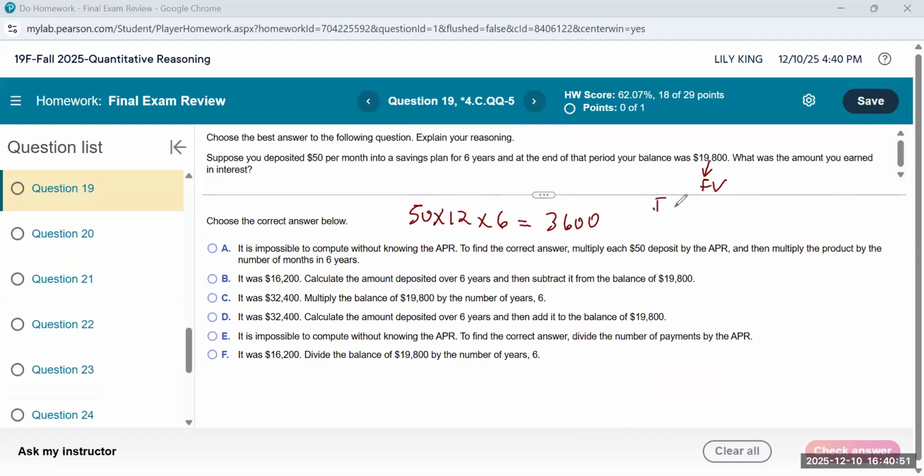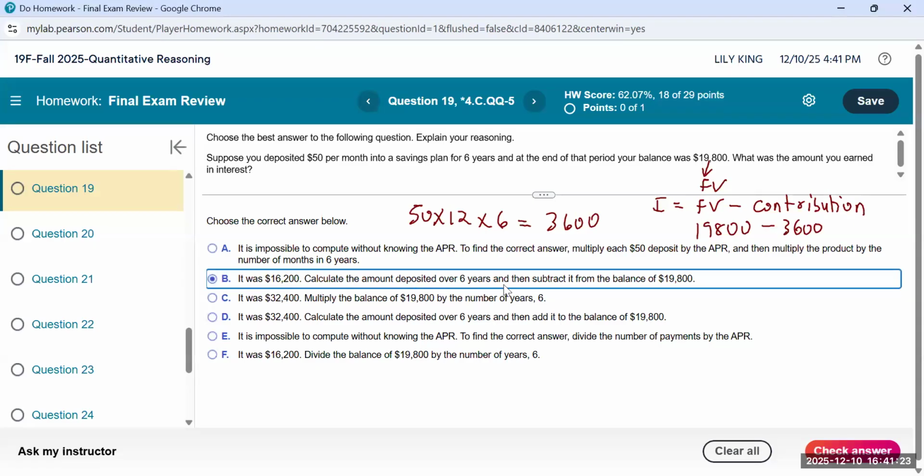Now to find the interest, it is the FV minus your contribution. So you have 19,800 minus 3,600, which is 16,200. So let's pick the correct answer choice. So that's B. So it was 16,200. You calculate the amount deposited over 6 years and then subtract it from the balance.